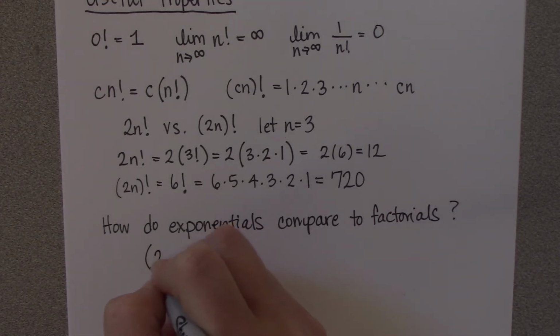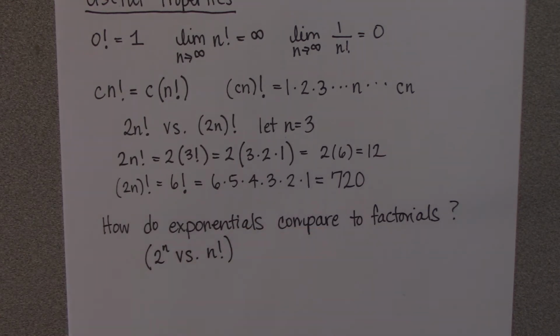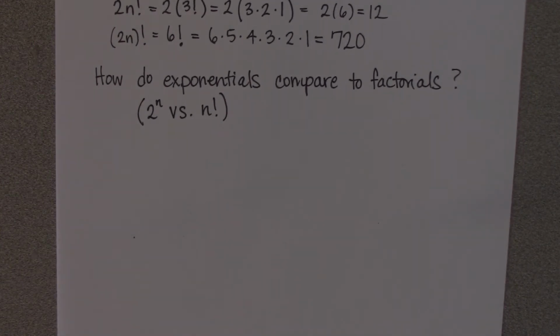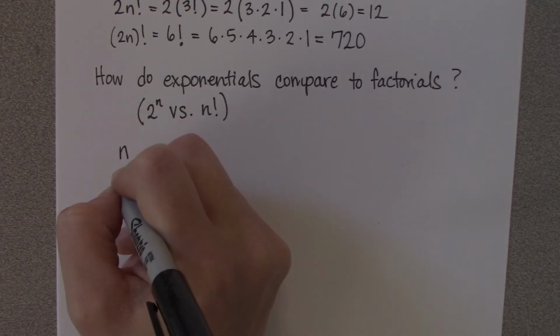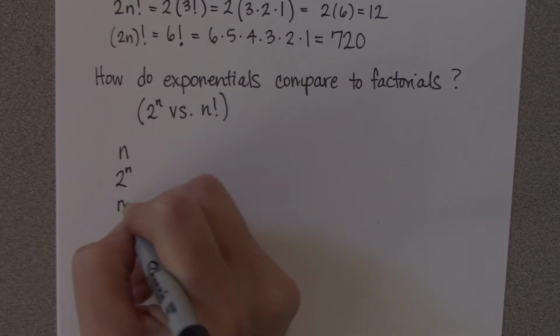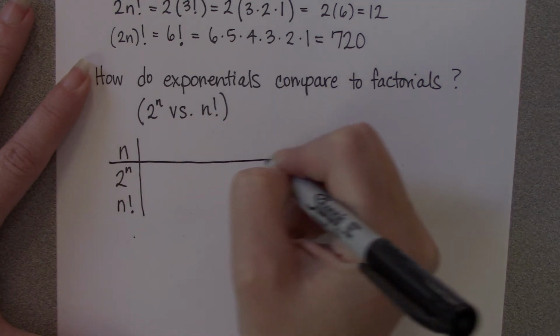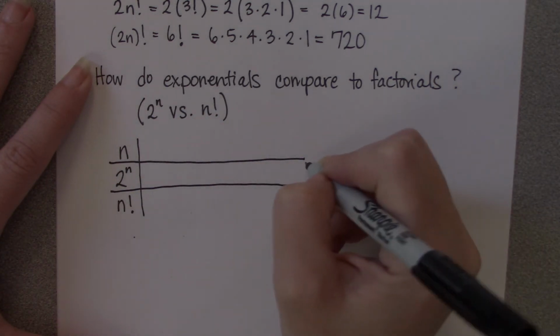So what we're going to look at is 2 to the n versus n factorial. So let's make a table. And let's see what happens.